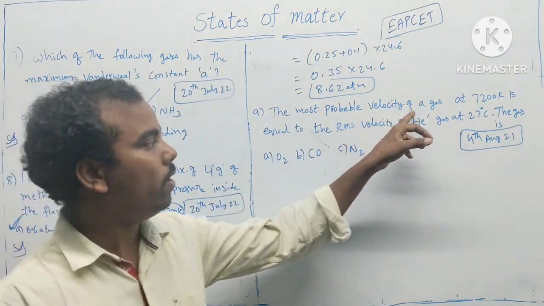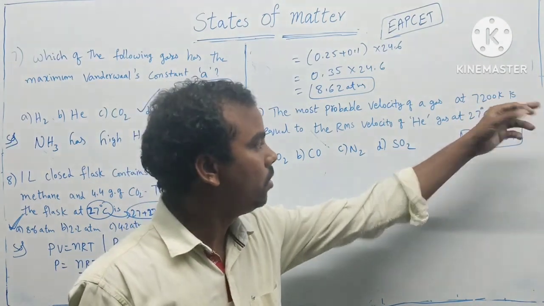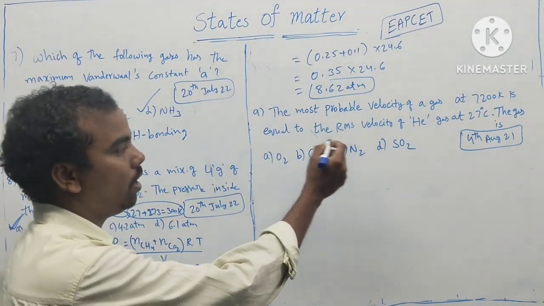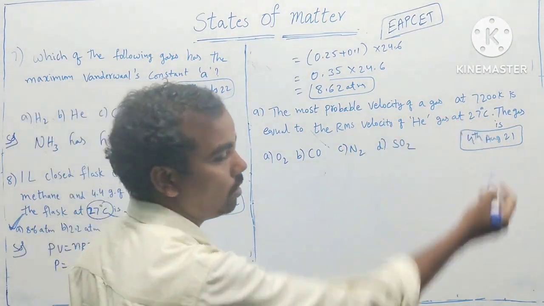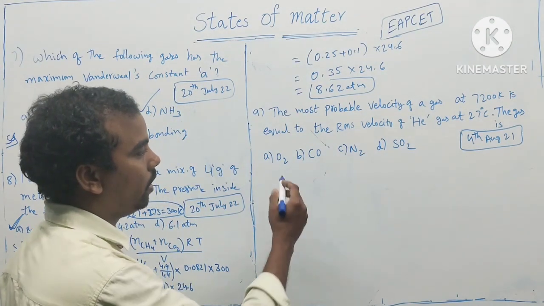The most probable velocity of a gas at 7200 kelvins is equal to the RMS velocity of helium gas at 27 degrees centigrade. The gas is?